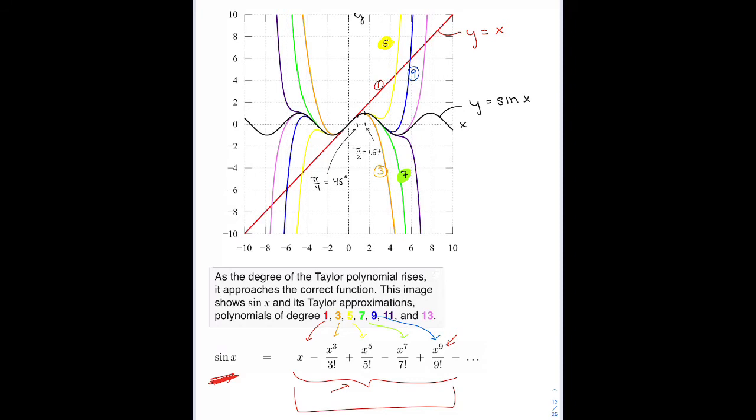And the black line is y equals sine x. So the blue line, the first 5 terms of the Taylor series for sine, which is a polynomial, approximates y equals sine x for large values of x.